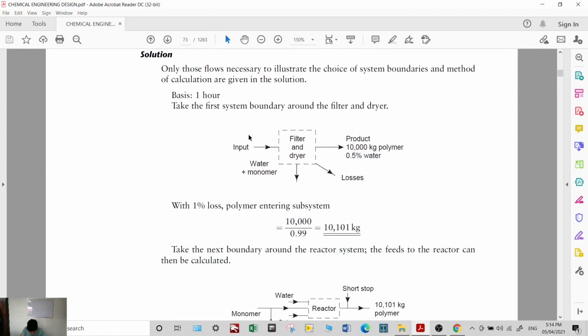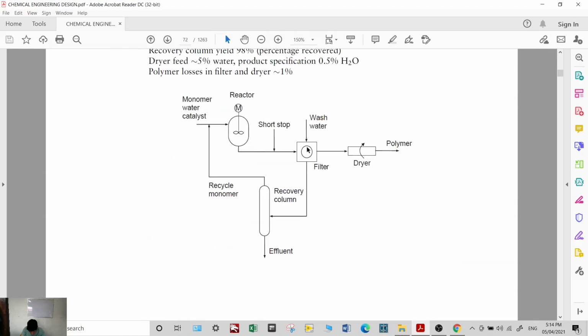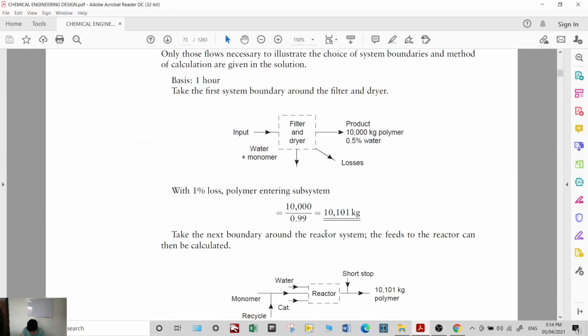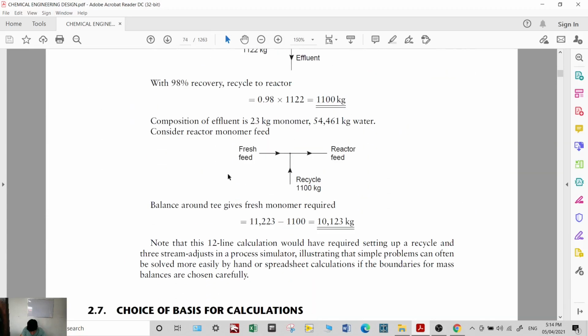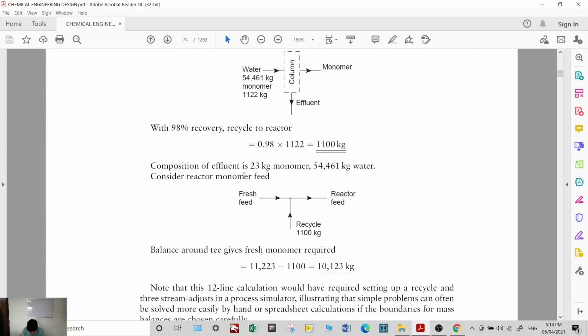Mao ni ang recycle monomer. So mao na ang composition of effluent is 23 kg monomer, 54,461 kg water.